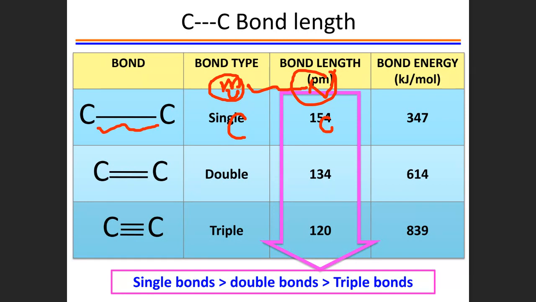As we have already seen, a bond can be a single bond, double bond, or triple bond. Now, why is the single bond length long? You can see the bond lengths 154, 134, 120. That means as the number of bonds increases, the bond length decreases.